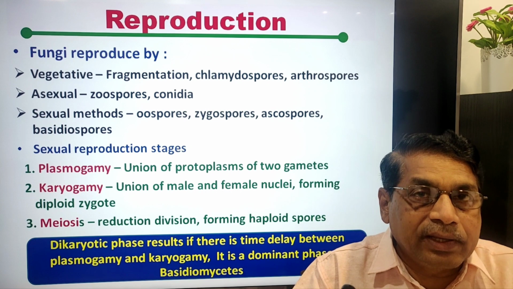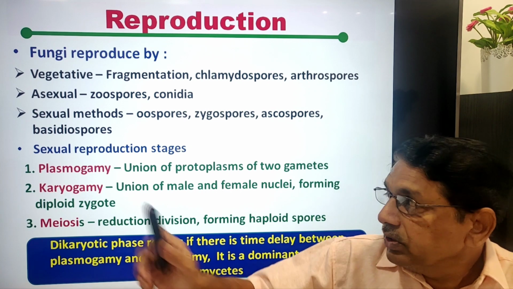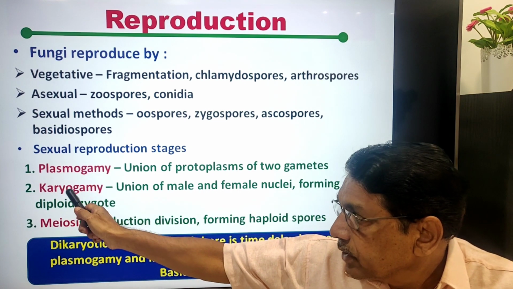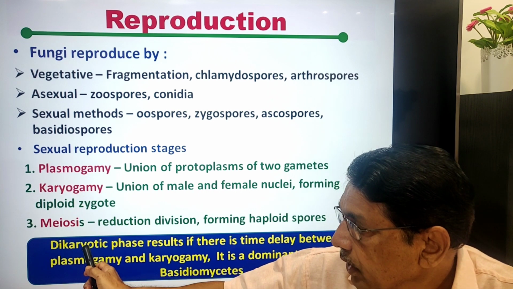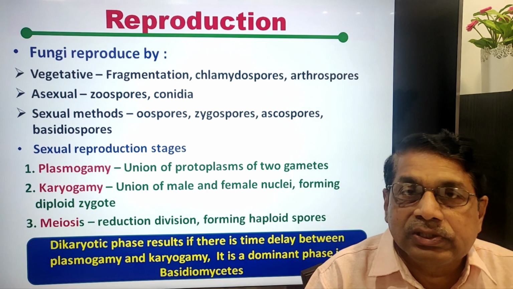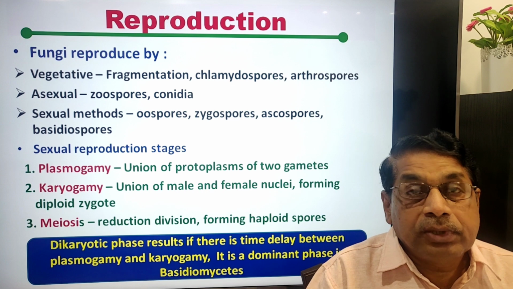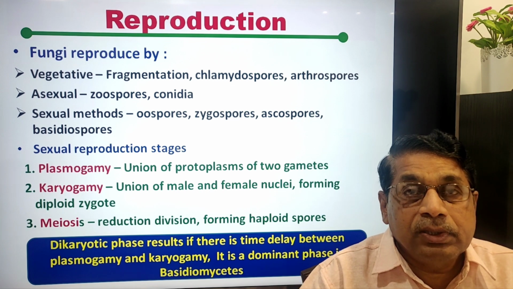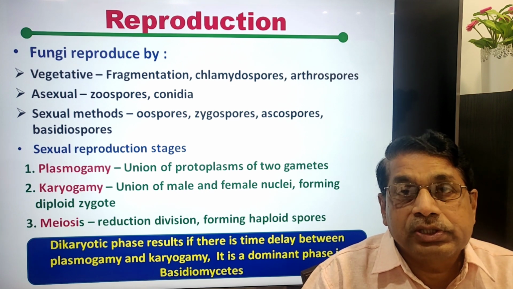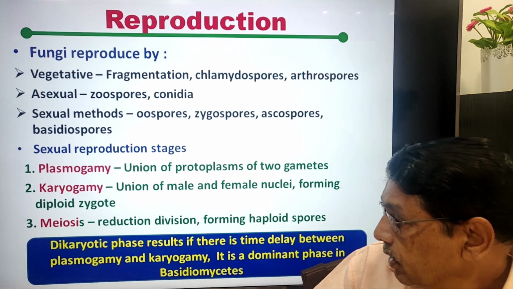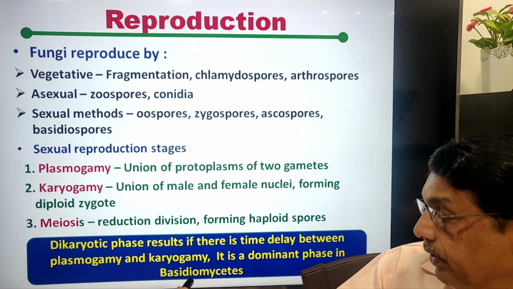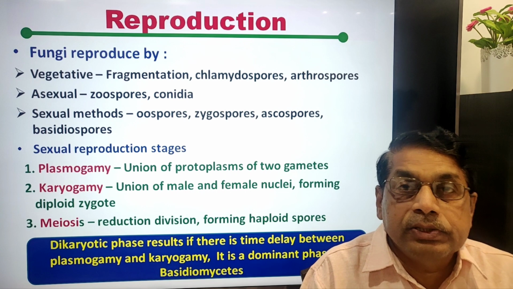That is called the dikaryotic state. Sometimes this dikaryotic phase may become dominant, as in Basidiomycetes. It is a dominant phase in Basidiomycetes.